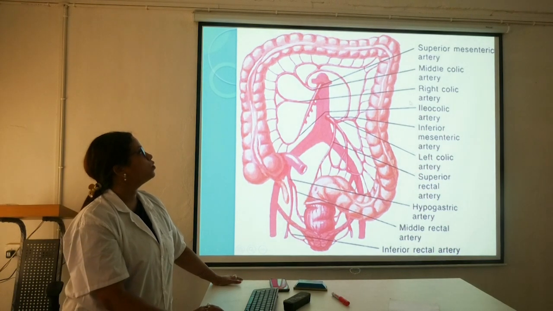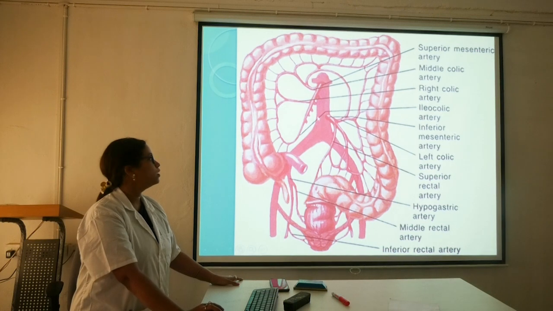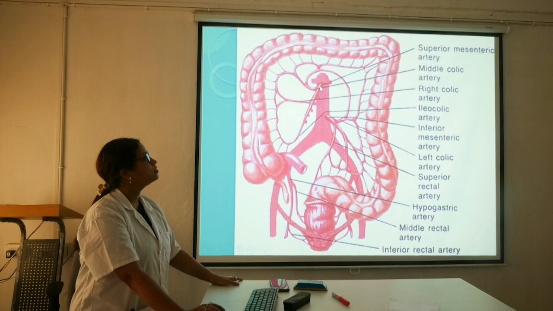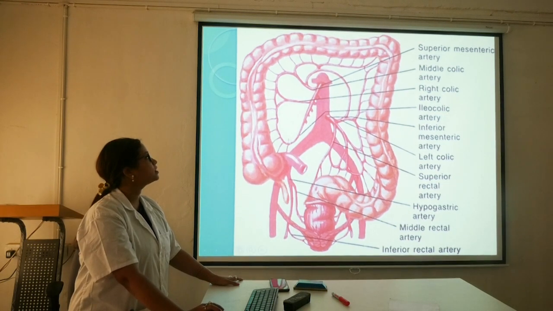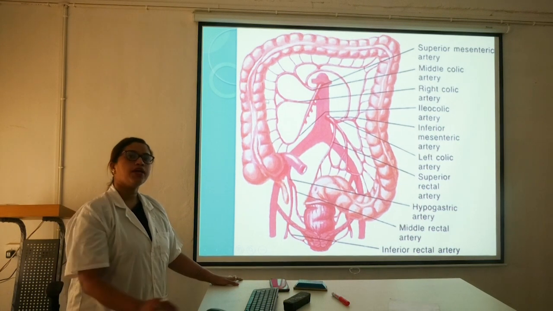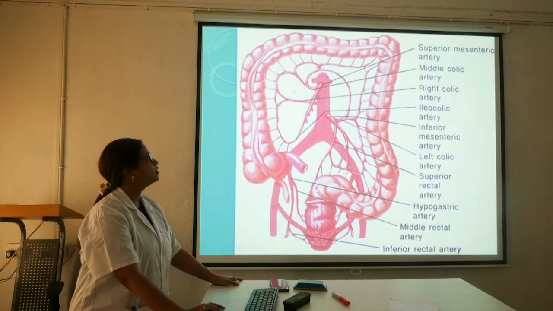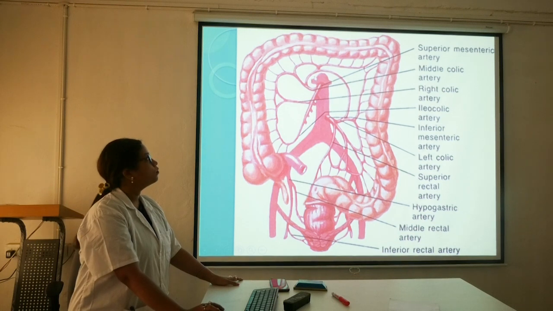So we will see the arterial supply. Today we will see the whole arterial supply of this large intestine. You could see what artery this is? Superior mesenteric artery. So what are the branches? This is the right colic. Then this one is the ileocolic. Then what is this? Middle colic. Then which one is this, just above this one?